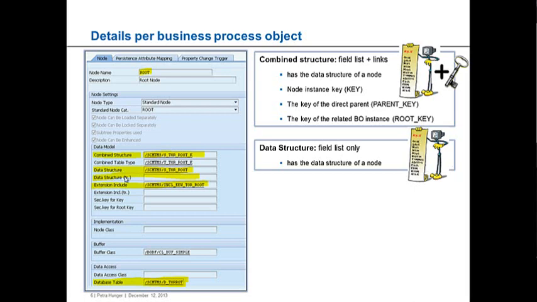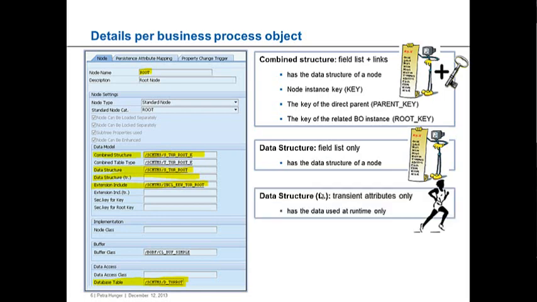And then again, we have the distinction, or I haven't explained it, it comes later in the film. We have a distinction actually between persistent data and transient data. So in the data structure that doesn't have a TR in brackets, you have the persistent data, meaning the data that is kept forever, whereas the data structure TR has the transience attributes only.